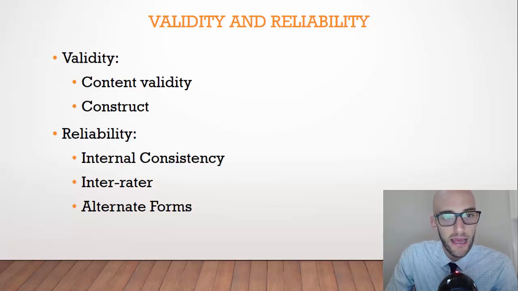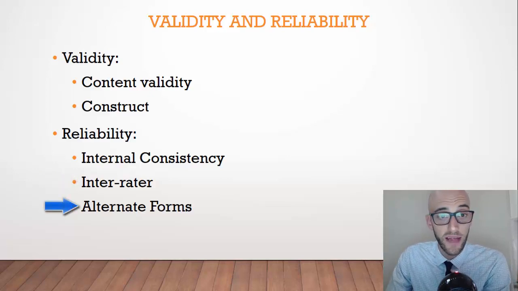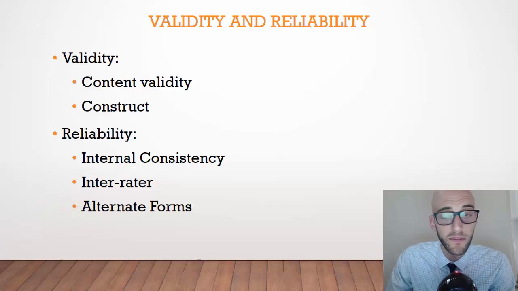And for reliability, have a general idea of internal consistency, which is generally denoted by coefficient alpha, inter-rater reliability, and alternate forms reliability. Inter-rater reliability would be two different assessors rating the same variable, versus alternate forms reliability is two different tools for measuring the same construct.